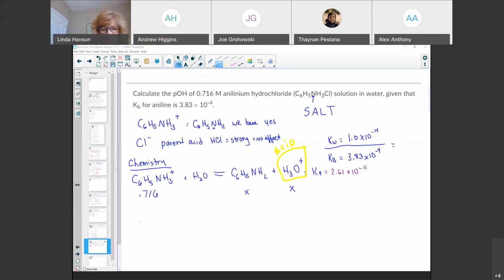Our Ka value we just solved for, 2.61 times 10 to the negative 11th, will be equal to x squared over 0.716. We cross multiply and take the square root.